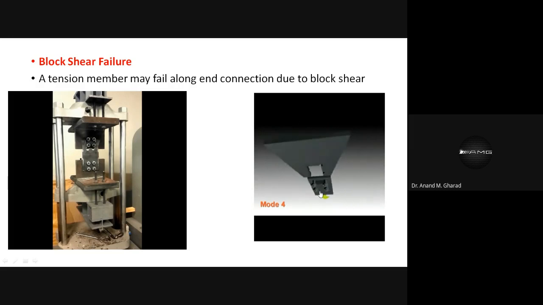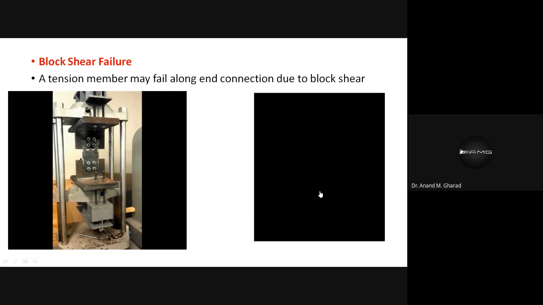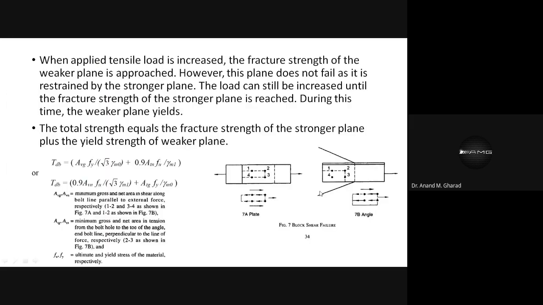So I hope you have understood a little bit related to the modes of failure for block shear. Now we will see the application of this and what IS code recommends and how to make use of these formulations that we will see in the numerical part.